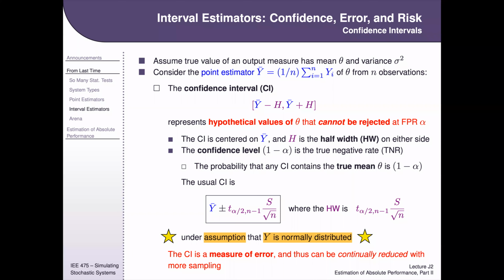The half width is defined by this formula down here: the critical t value at alpha divided by 2 with the number of samples minus 1, times the standard error of the mean. And where does this come from? Well, the confidence interval is the set of hypotheses that cannot be rejected by a t-test at alpha.